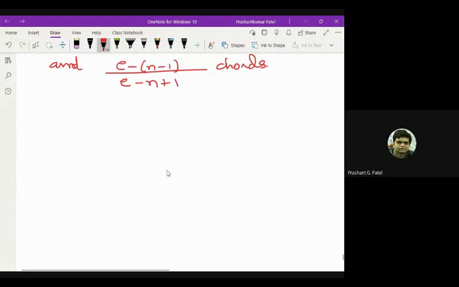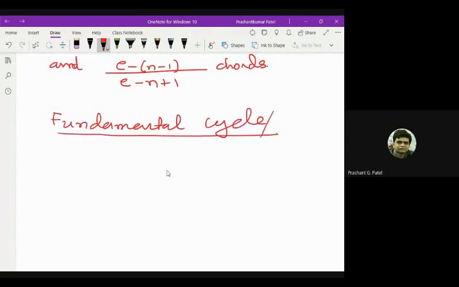Fine. Now the next definition is a fundamental cycle, or many times it's known as a circuit. A circuit is formed by adding a chord to a spanning tree of a graph G. It's called the fundamental circuit.